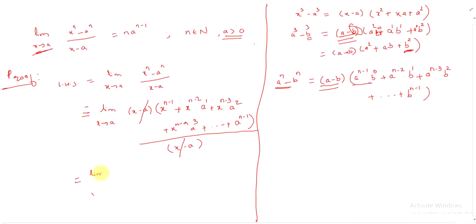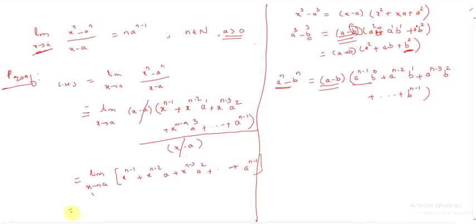So here the limit x tends to a, and we collect the remaining terms, which are x raised to n minus 1 plus x raised to n minus 2 plus x raised to n minus 3 plus so on, plus a raised to n minus 1.